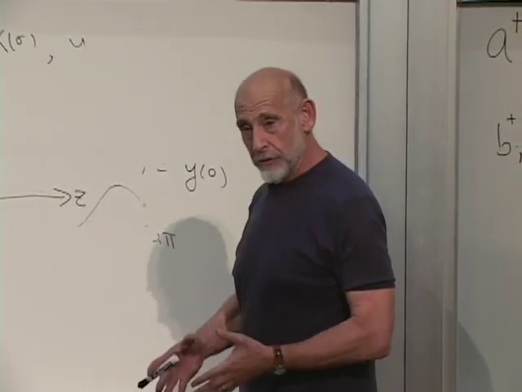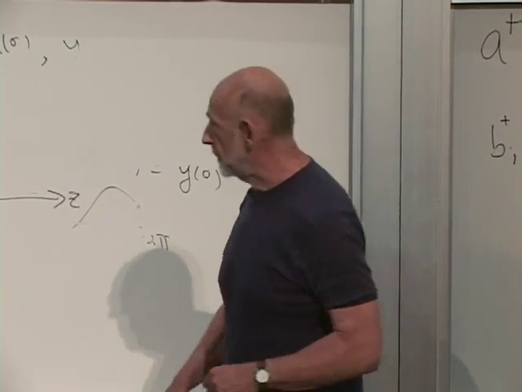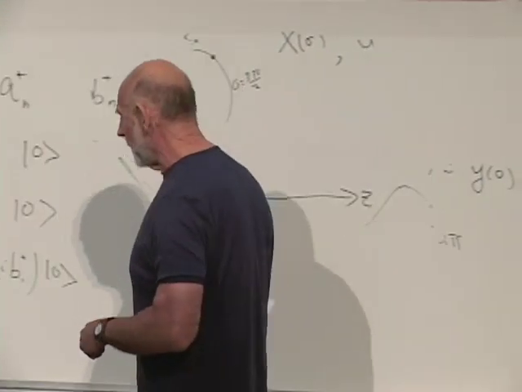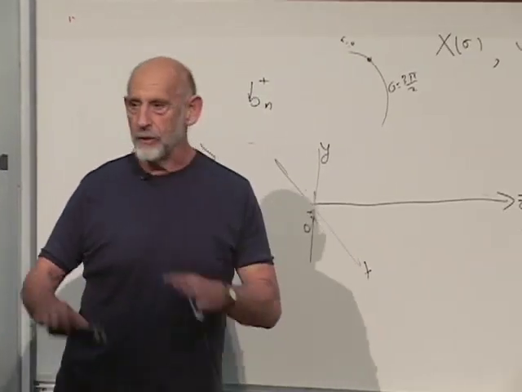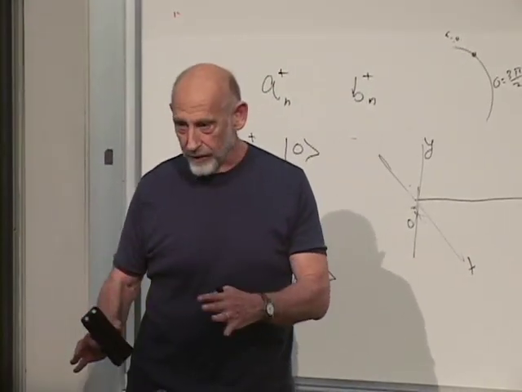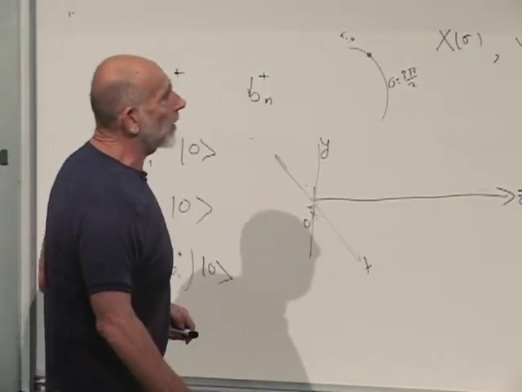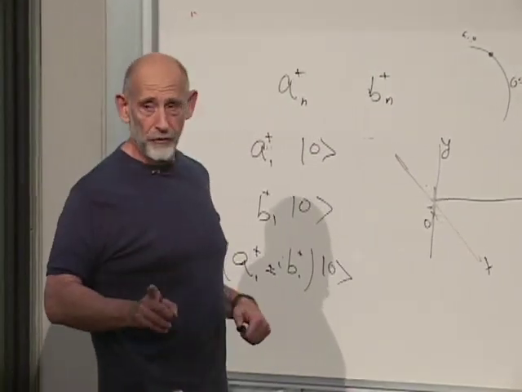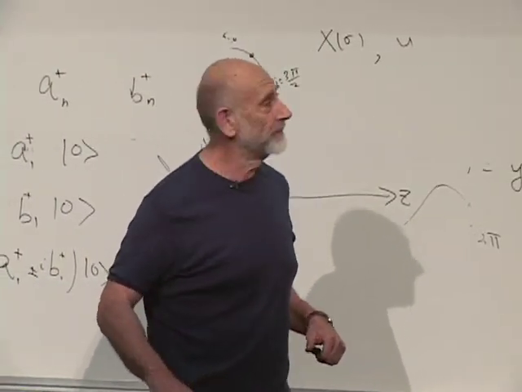In fact, there are constraints. There are rules, and the rules forbid certain combinations. I think I will not explain why tonight. I will explain why next time, unless we have some extra time tonight. But I'm going to tell you what the rule is, and then we'll try to figure out why it's the rule.